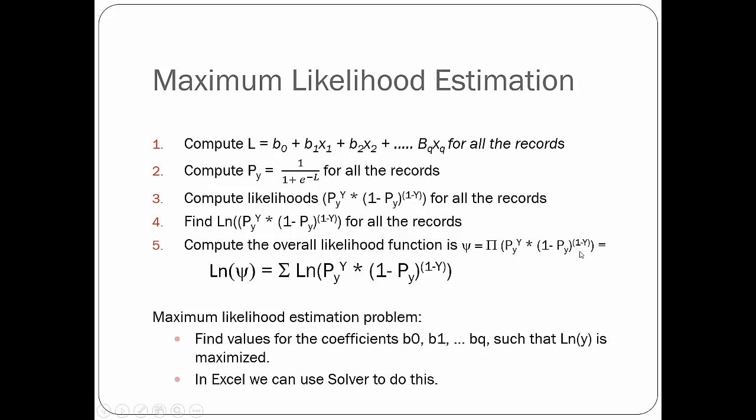Add them all up. When you add them up, you get ln of the likelihood function. So the maximum likelihood estimation problem turns out to be: find the coefficient values such that this ln function is maximized. And we can do this in Excel. Now we'll look at an example using Excel Solver next.